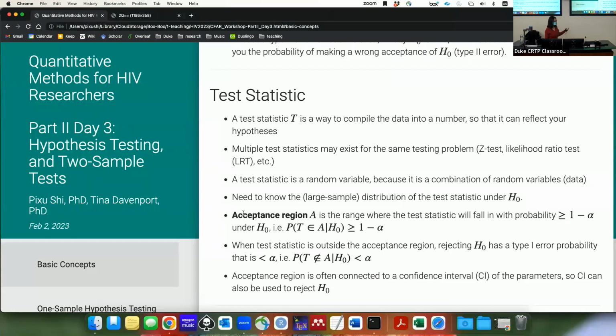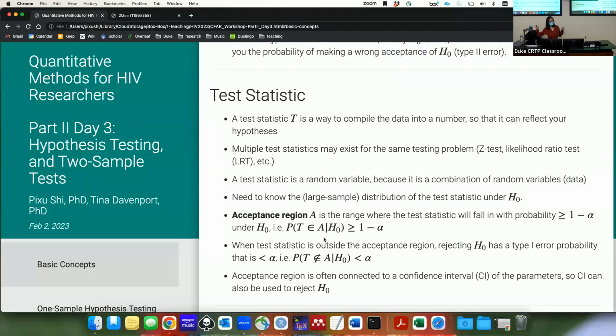And the twin of the acceptance region would be the rejection region. It's the complement. And if your test statistic is in that range, you will reject the null hypothesis. So for example, if you have a Z test that's 3, it's larger than 1.96.